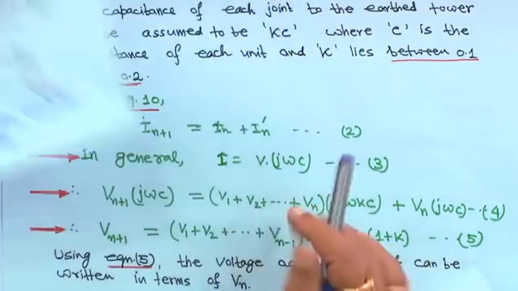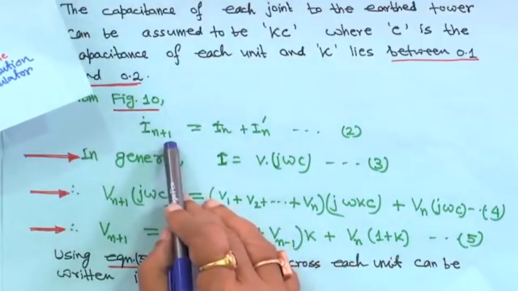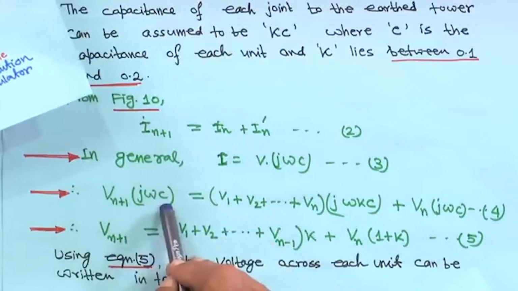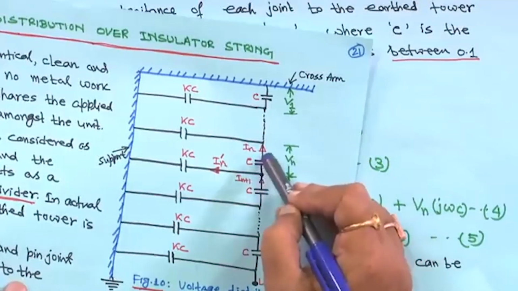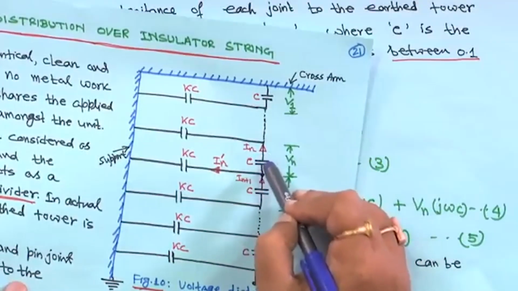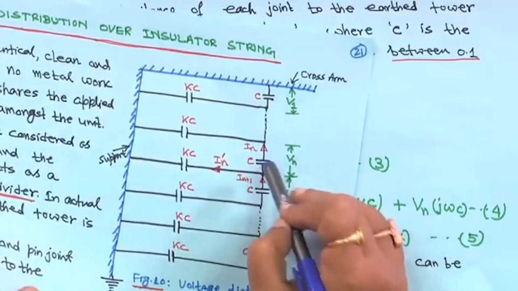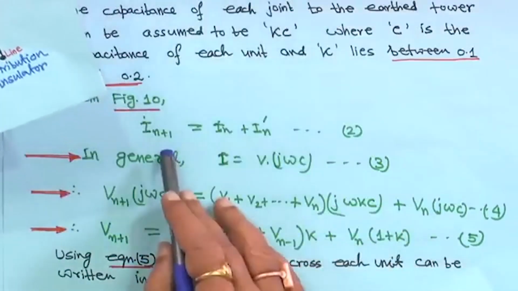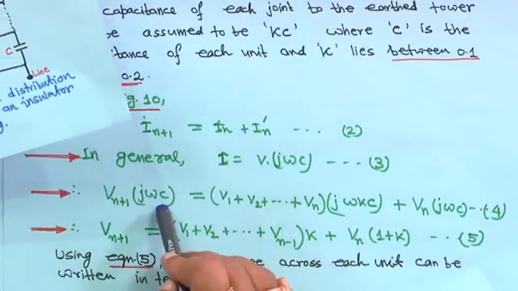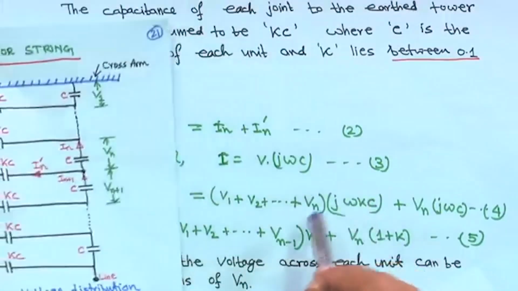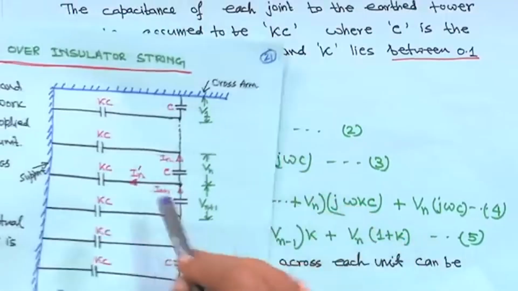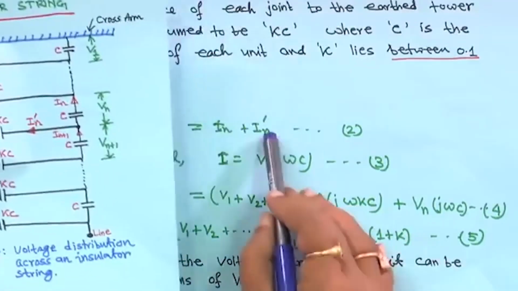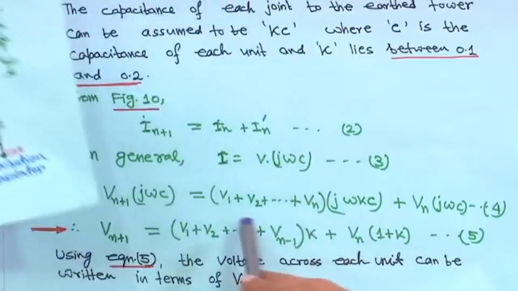Now, for the I n plus 1 case, you can write V n plus 1 into j omega c, because this is the capacitor of each unit C. First I am writing I n dash here. If you look at I n dash for the nth one, then what will happen?